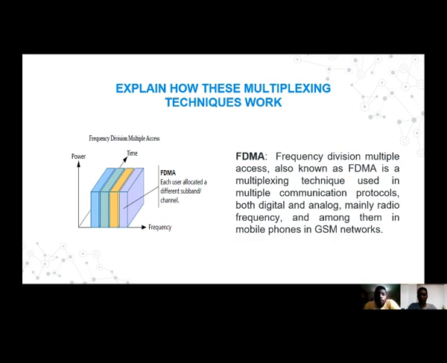In frequency division multiple access, the access to the medium is done by dividing the available spectrum into channels which correspond to different frequency ranges, assigning these channels to the different users and allowing communication to be carried out without interfering with each other.